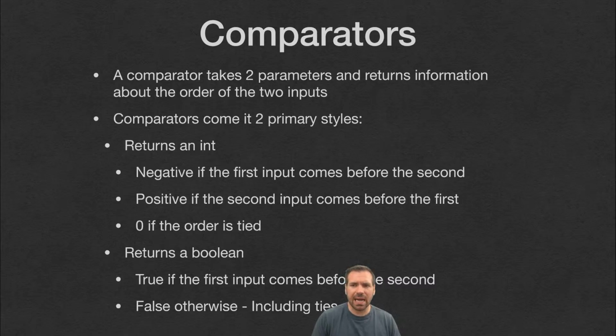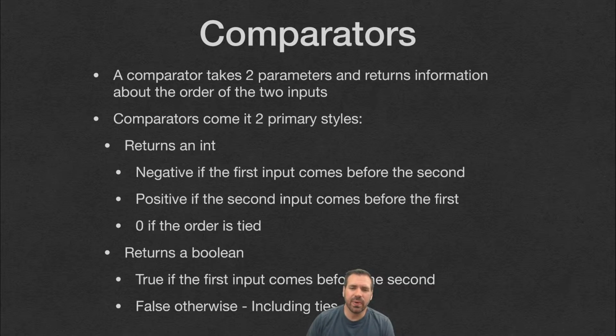So there are two main flavors of comparators that we'll see. They'll both take two values that we're comparing. One will return an int, one will return a boolean. The one that returns an int is the one that Java's built-in comparators use. So whenever you're using Java built-in compareTo methods, that style is going to return an int.